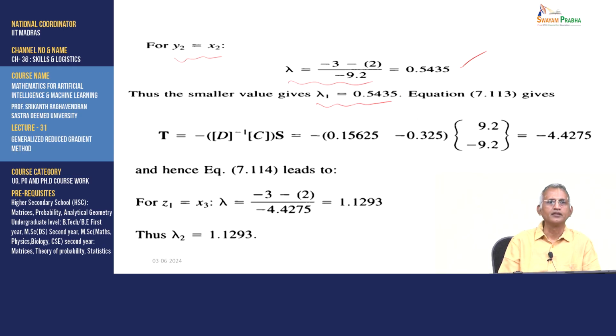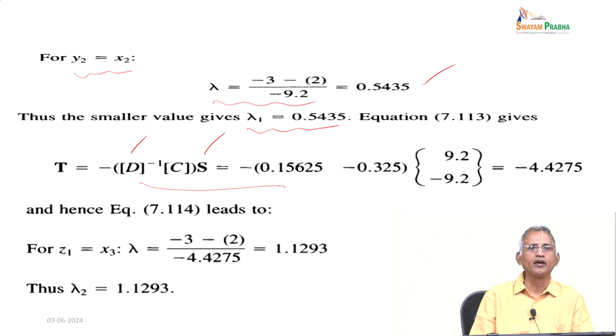Now, equation 7.113 gives T equal to minus of D inverse into C S. So, D inverse C is nothing but minus 0.15625, minus 0.325, multiplied with 9.2, minus 9.2. So, the net value is minus 4.4275.